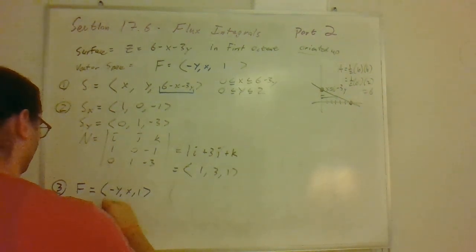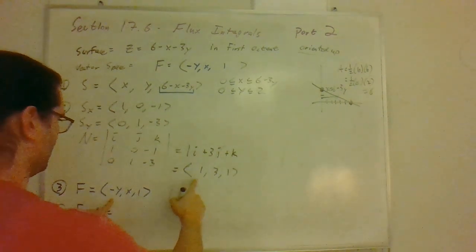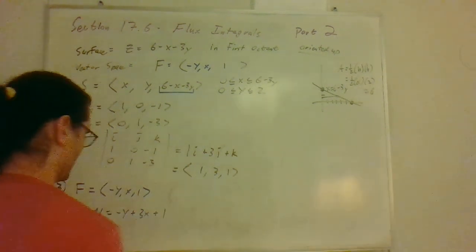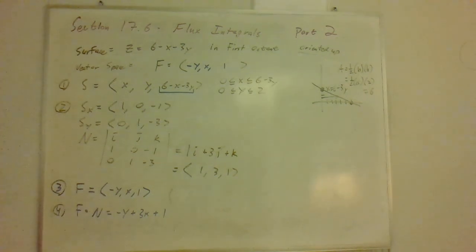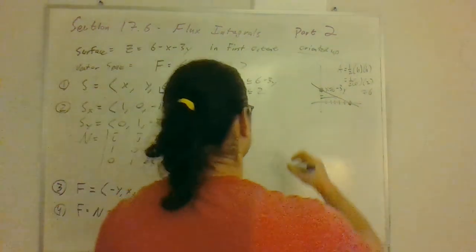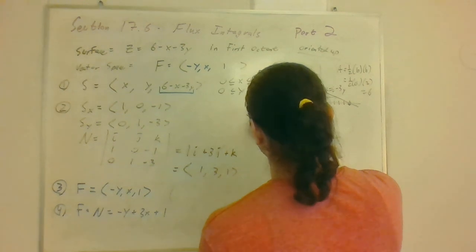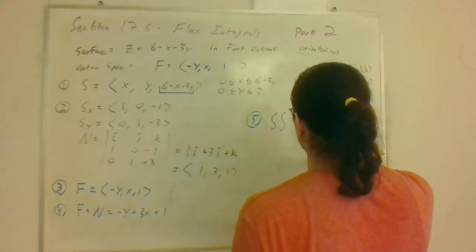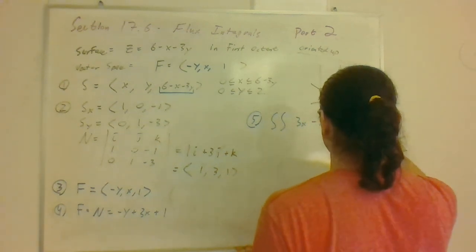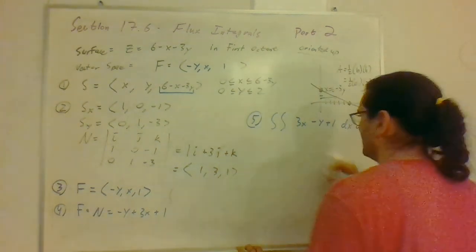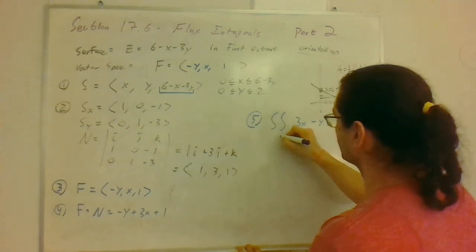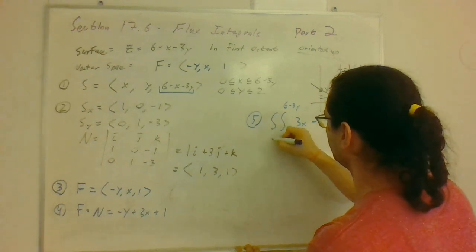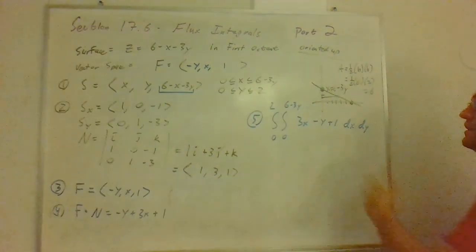F dot n is going to be -y plus 3x plus 1. So now this is the function that I need to hit with a double integral. Double integral of 3x minus y plus 1 dx dy. And we already have our bounds on x, 0 to 6 minus 3y, and our bounds on y are going to be 0 to 2.